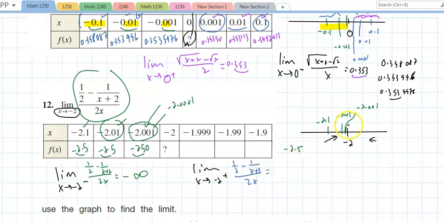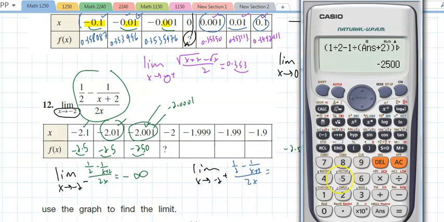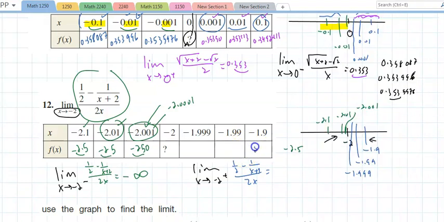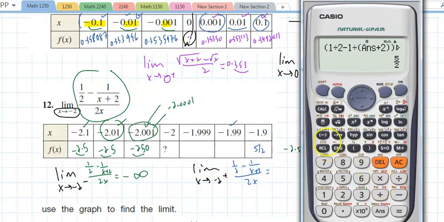How about if I pick negative 2 from the right, negative 1.9, negative 1.99, and negative 1.999. So let's take negative 1.9. I'm getting 5/2. How about negative 1.99?